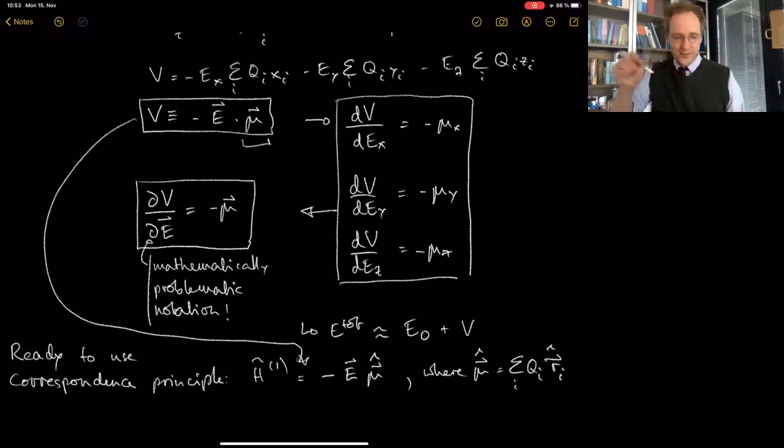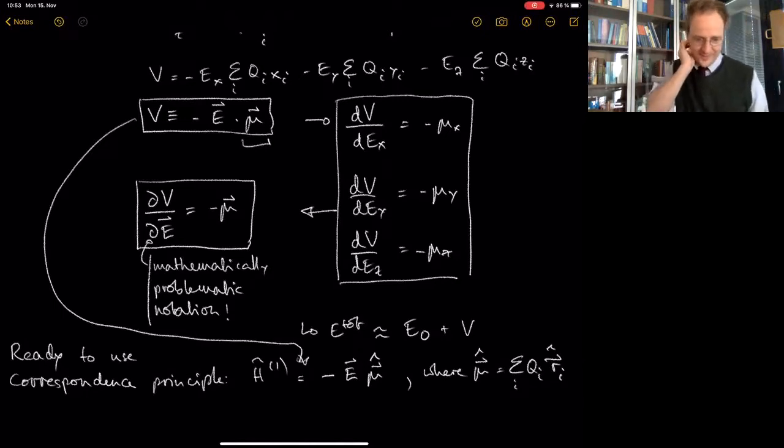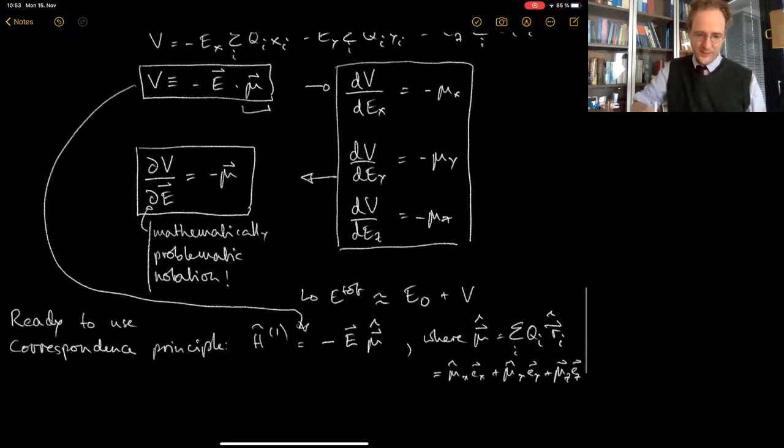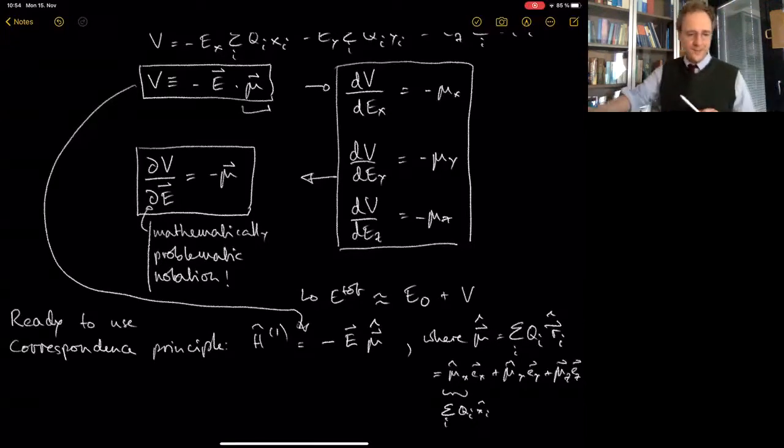It's the small r, not the atomic position, it's the electronic position, right? Which again, we can write formally in terms of unit vectors, where mu_x is the sum over q_i x_i. Okay.